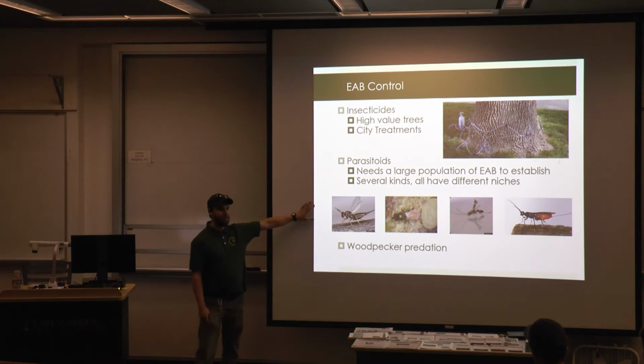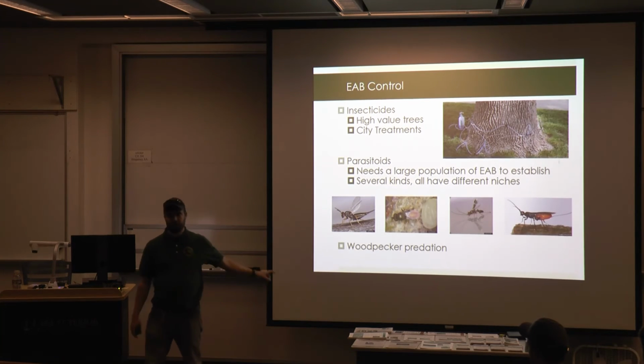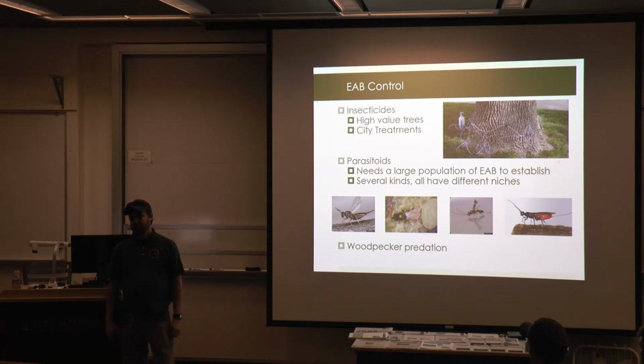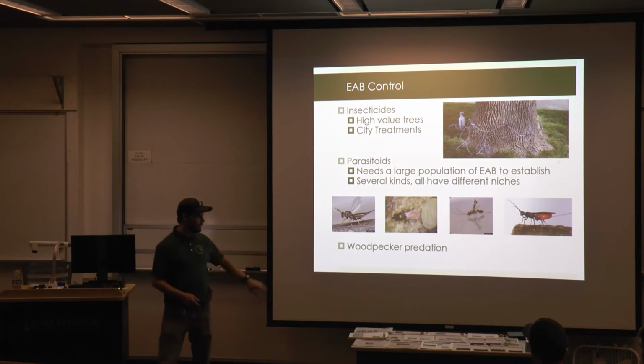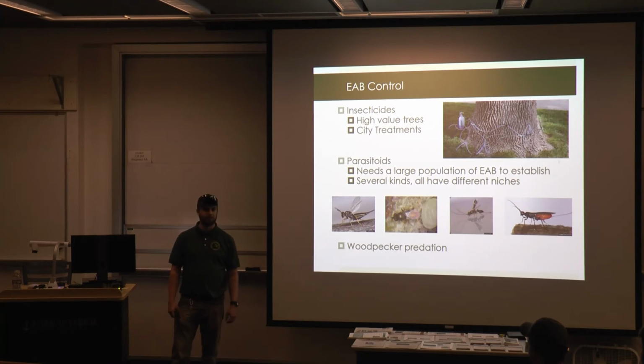But if you combine all 4 of these, it doesn't even touch woodpecker predation. You get 80 to 90% mortality just from woodpeckers. That's why you see all the scuffed up bark, because the woodpeckers are so good at finding emerald ash borer.